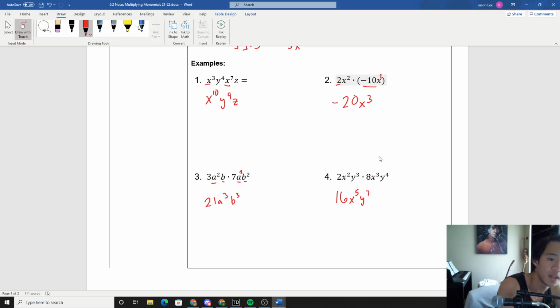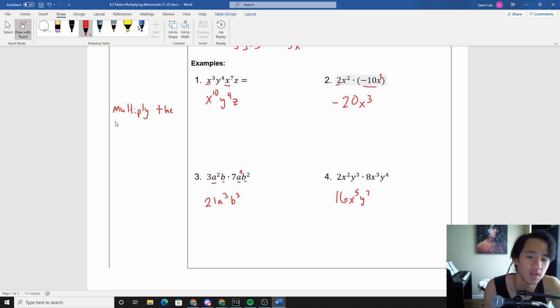Okay, so when you just have simple multiplication like this, a way that I've remembered how to do this, or I've told students to remember how to do it, is you're just going to be multiplying the coefficients and then you're going to be adding the exponents.